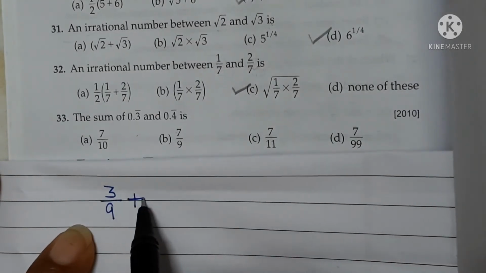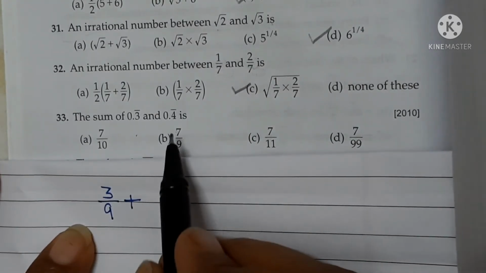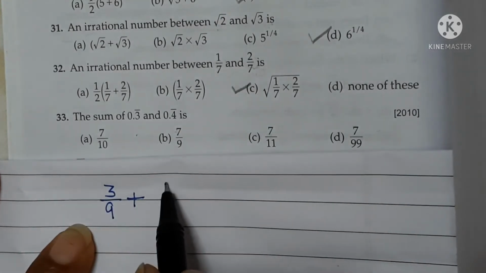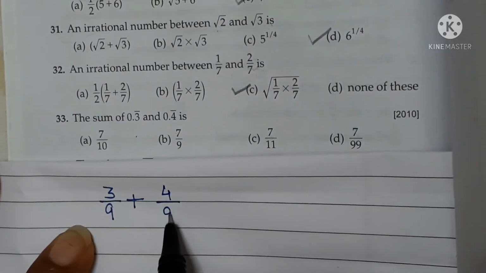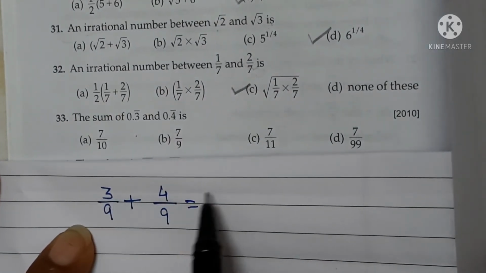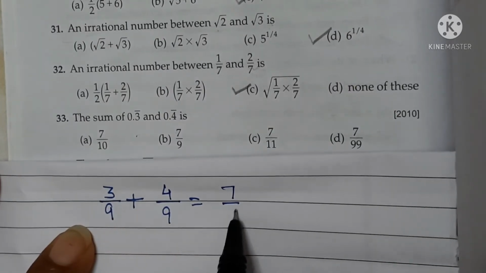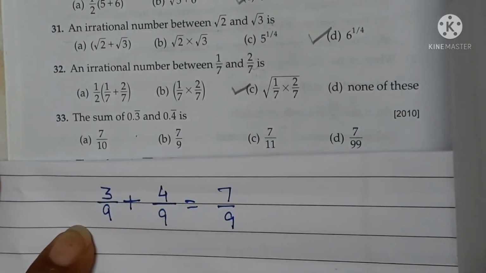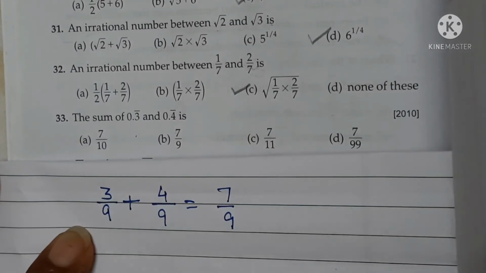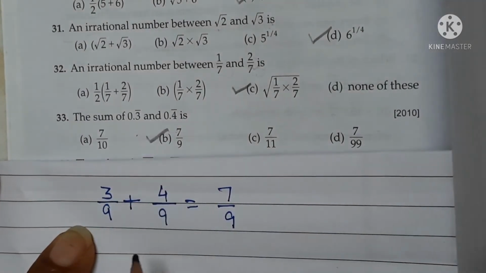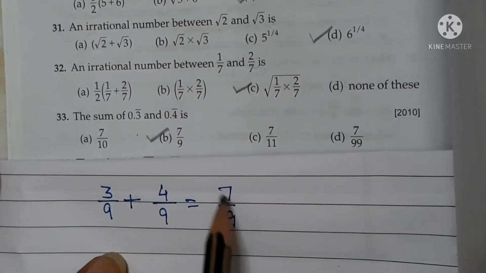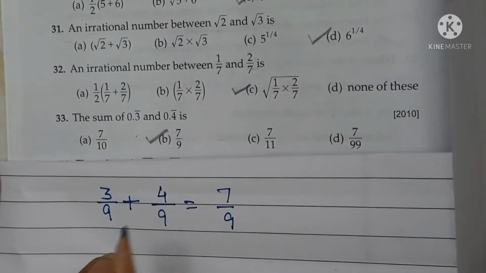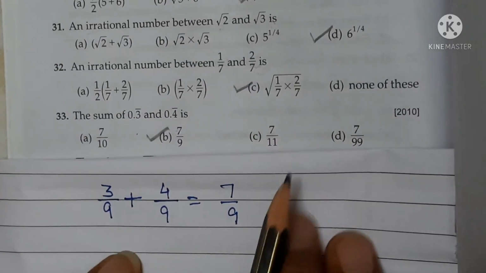And for the sum, put the plus sign, you can write 4 upon 9, this becomes 7 upon 9. Option B is correct. Because it is a multiple choice question you can use the short method, and you should know both methods.